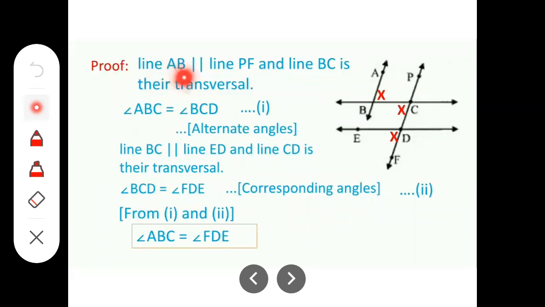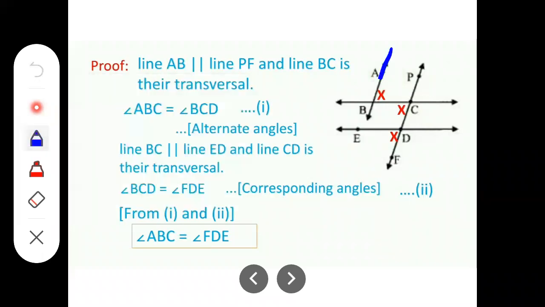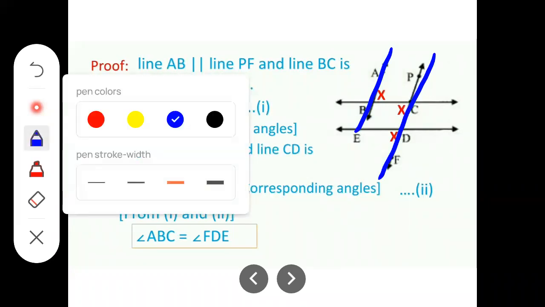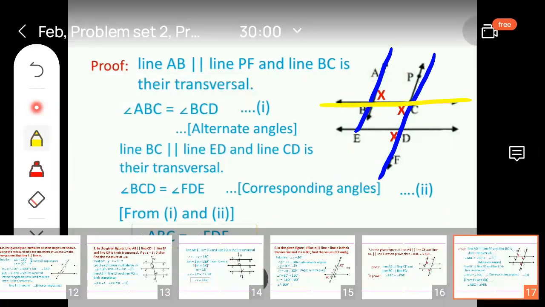Line AB is parallel to line PF. Regarding those two lines, if those are parallel, we will take BC as their transversal. The two lines are parallel to each other and their transversal is this one.